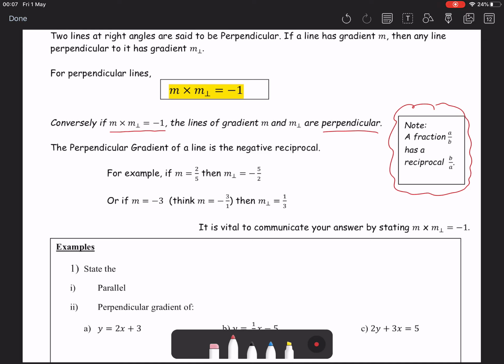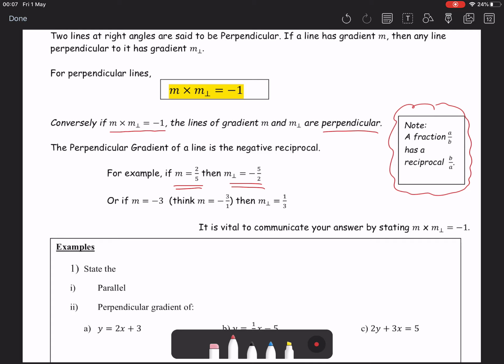So if we had a negative reciprocal, we would have our gradient of 2 fifths, for example, and our perpendicular gradient would be the 5 becoming the numerator, the 2 becoming the denominator, and making it negative. And that would be our perpendicular gradient.